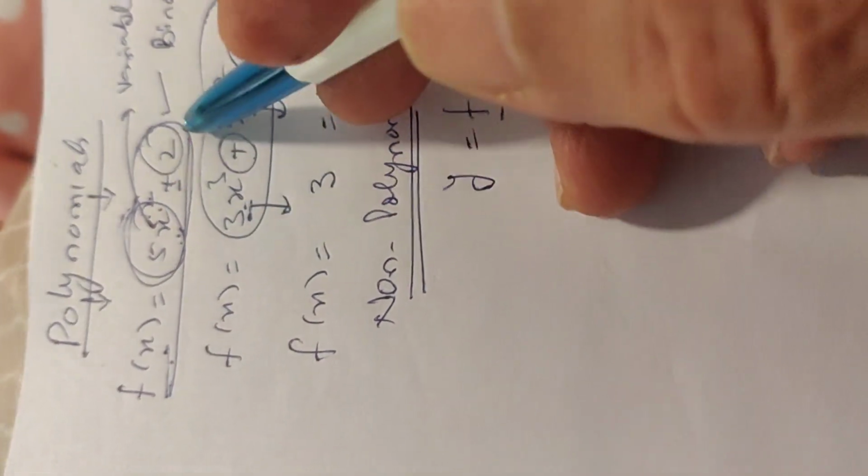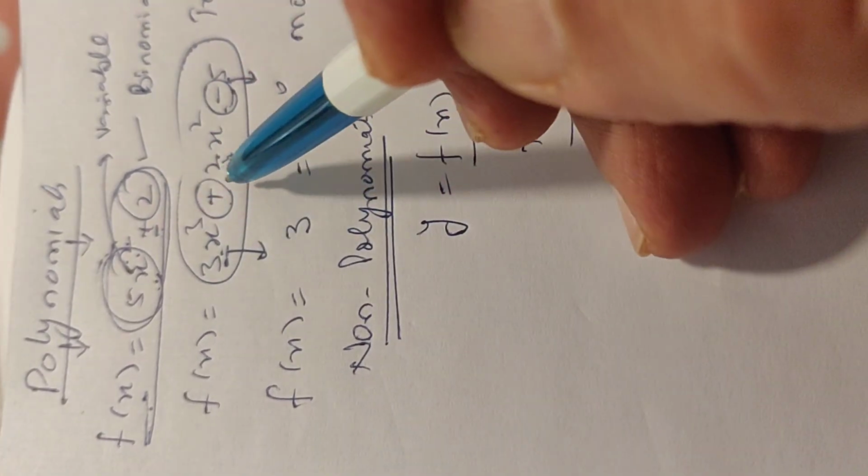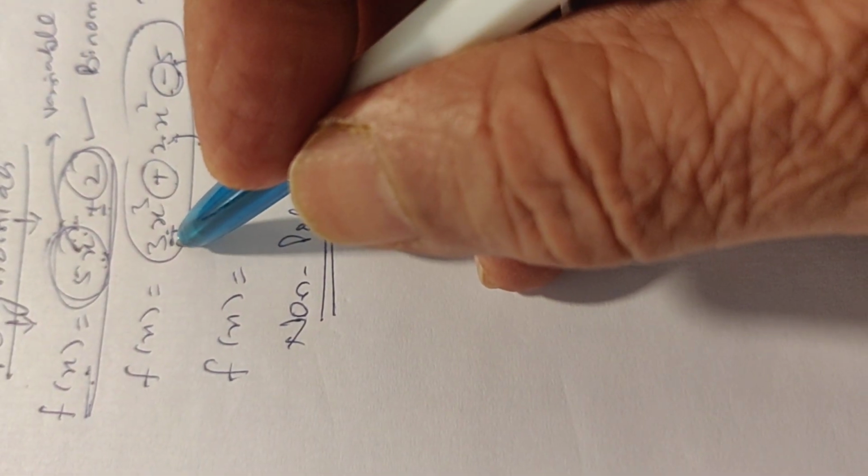So if I have to sum up, a polynomial is an equation which contains terms separated by addition or subtraction, or even multiplication with the coefficients.